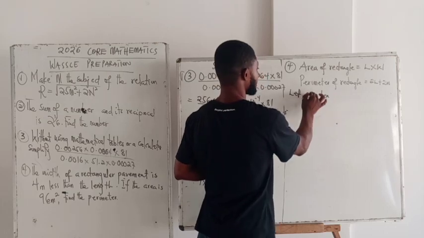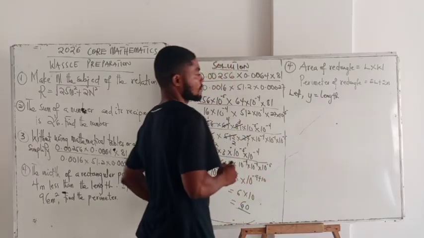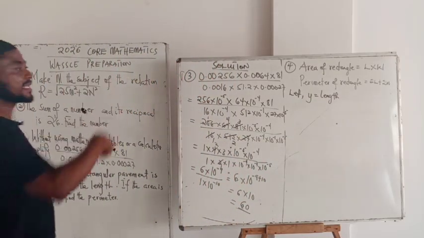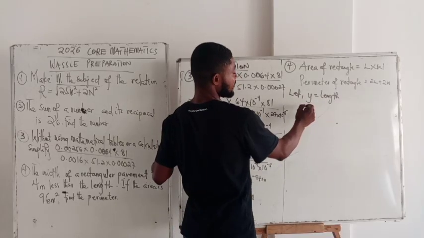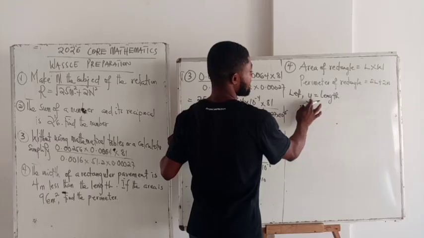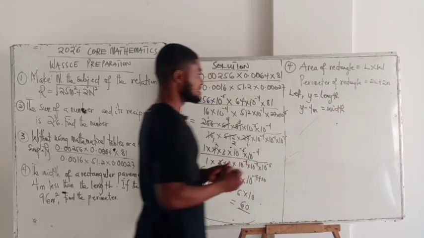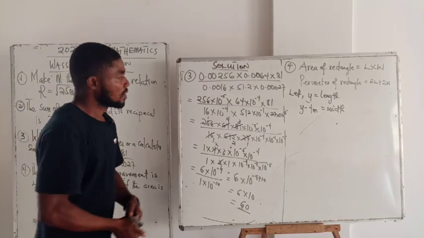No, let's use y. The width is 4 meters less than the length. So if length is y, then the width is going to be y minus 4 meters, which is the length minus 4 meters. So we have this.